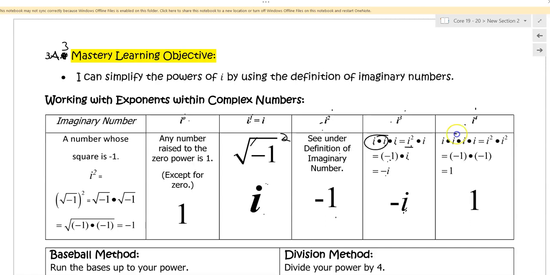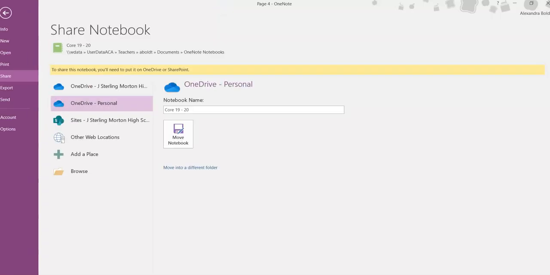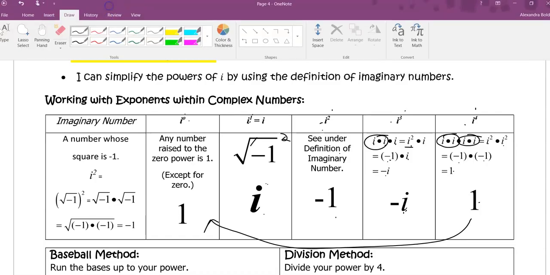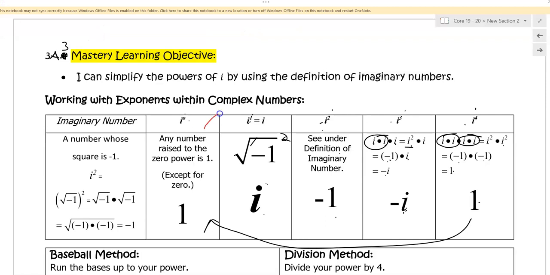i to the 4th is the same as i squared times i squared, right? -1 times -1, which is 1. Which brings us back to here. So if you look, in our cycle we have 1, 2, 3, 4 jumps, and our 4th jump really brings us back to the beginning.